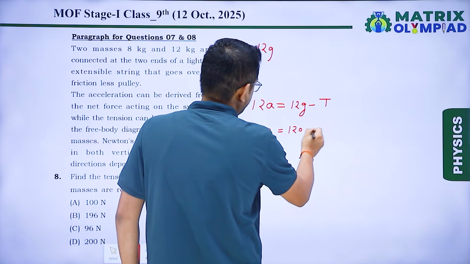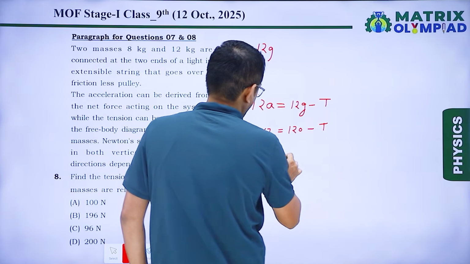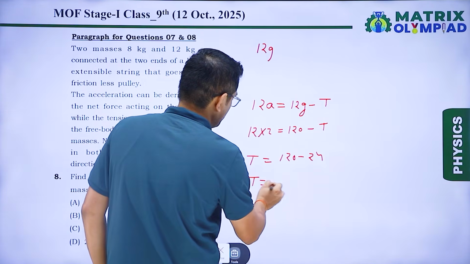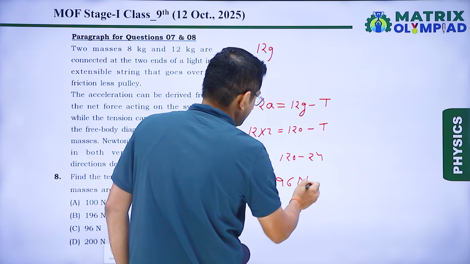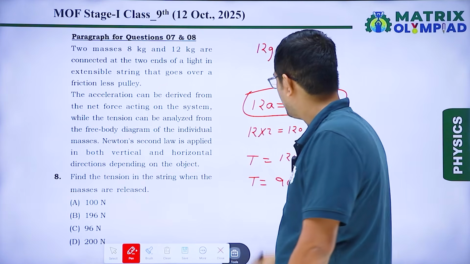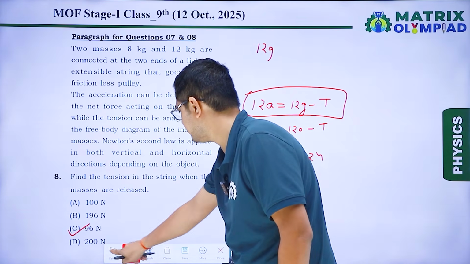So this becomes 120 minus T, so T equals 120 minus 24. So T becomes 96 Newton. This equation was derived in the previous question also, so I have taken it directly. So option C is our correct answer.